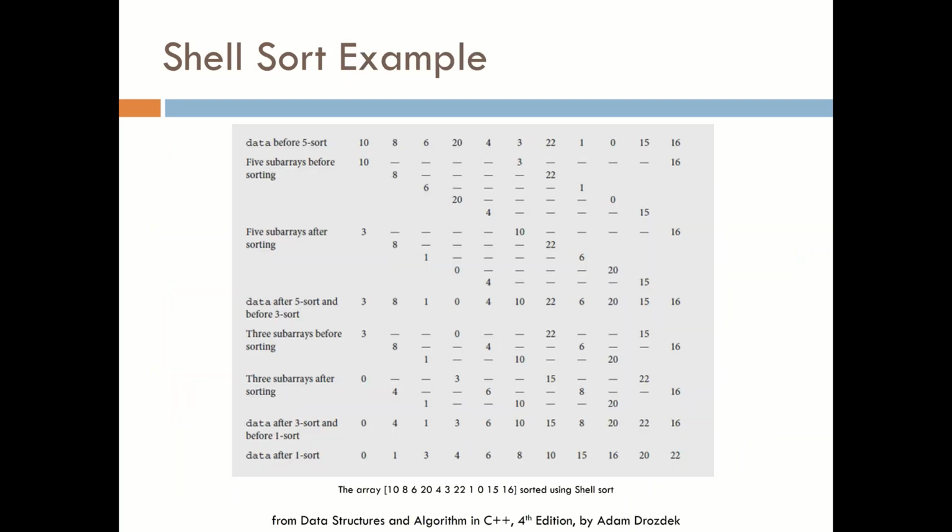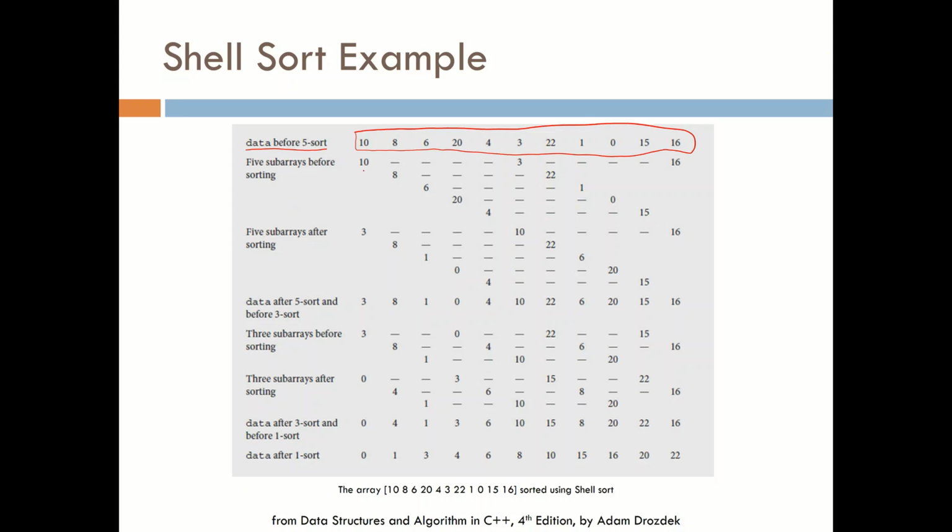So here is a sequence. You see the data before the 5 sort. So this is our starting data set, and the idea is we want to sort this particular array of numbers, and we begin with a 5 sort.